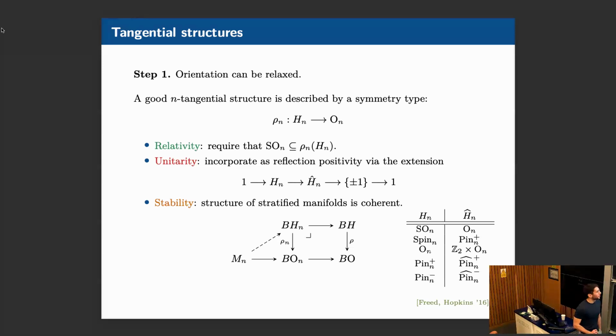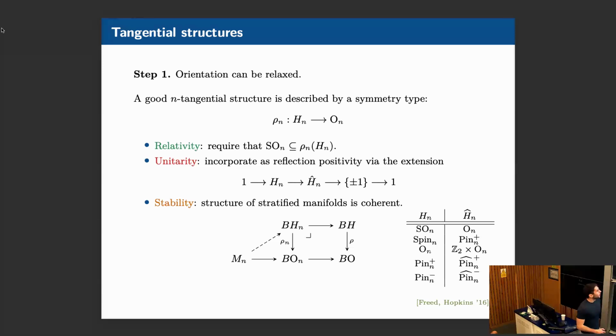This group H_n we can again see as the sort of local rotations that you can do on your tangent space. Say, if this was SO, then you would recover the notion of orientation. If this were Spin, you would recover the notion of having a spin structure.